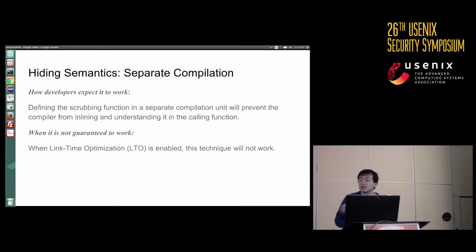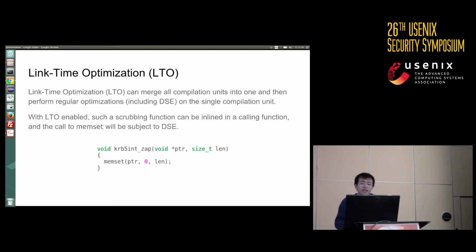However, this is not guaranteed to work when link time optimization is enabled. What link time optimization does is essentially merging all the compilation units into one at the intermediate representation level, and then performing regular optimizations, including dead store elimination, on the single compilation unit.